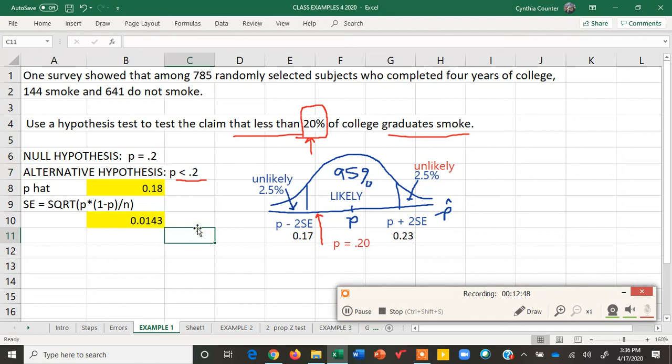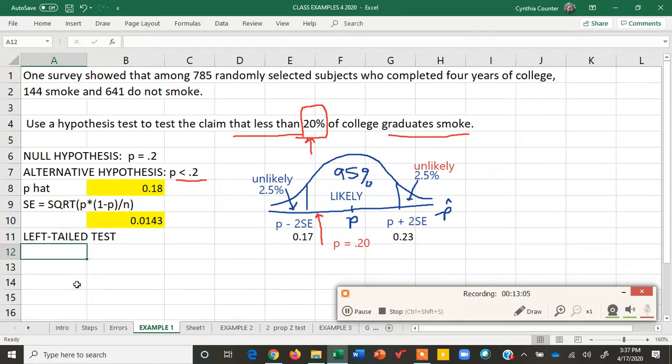When our alternative hypothesis is a less than, that means we're looking at the left tail, so this is referred to as a left-tailed test.